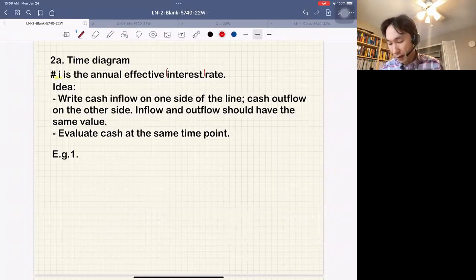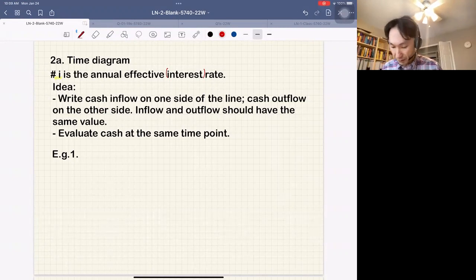So if we say the annual effective rate, that means annual effective interest rate. If discount rate, it always says the annual effective discount rate. And the idea of the time diagram is to write the cash inflow on one side of the line and cash outflow on the other side. So inflow and outflow should have the same value. So that is the time diagram.